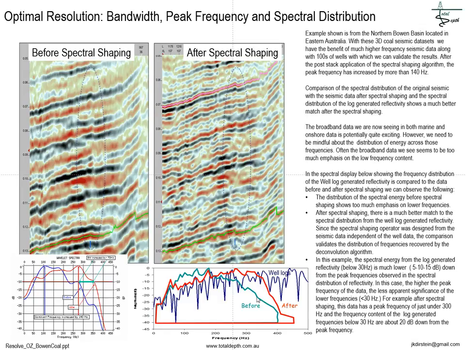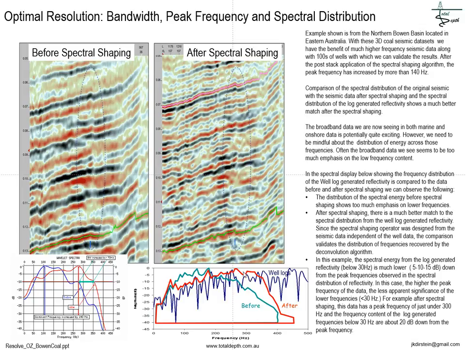Now, clearly the data before does not match the well-log reflectivity distribution of frequencies as well as it does after. So you'd like to think that the spectral shaping has provided a better representation of the reflectivity in our particular Earth model.